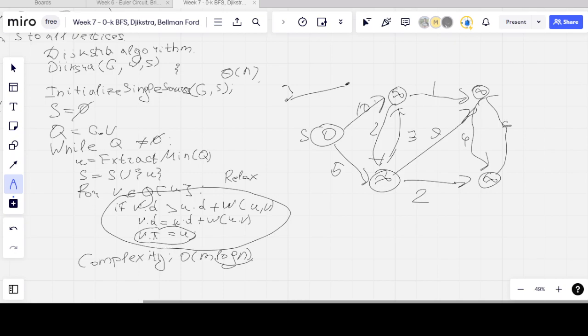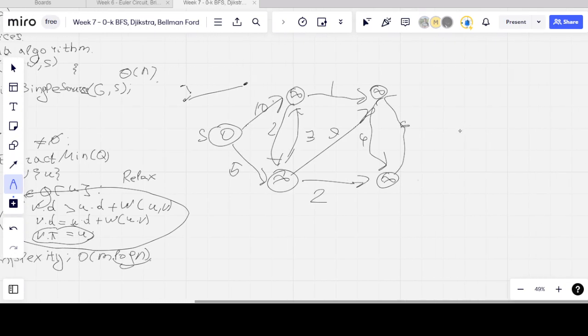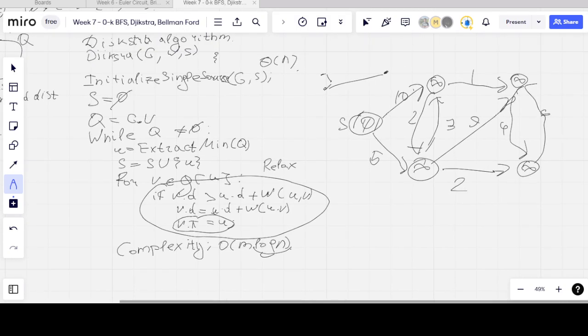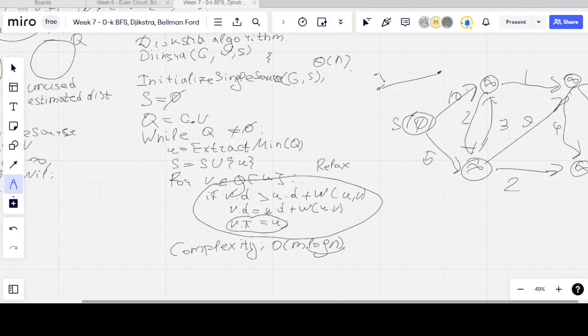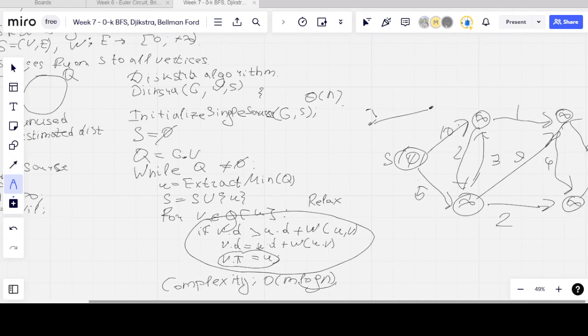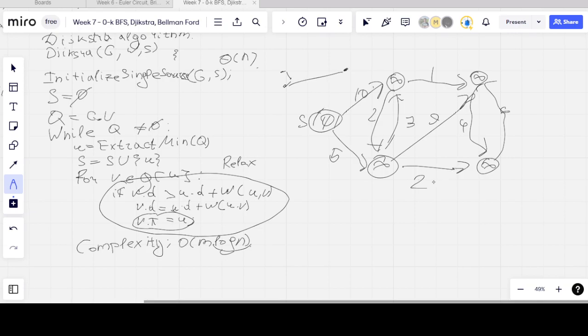We start by pushing this vertex into our S set.